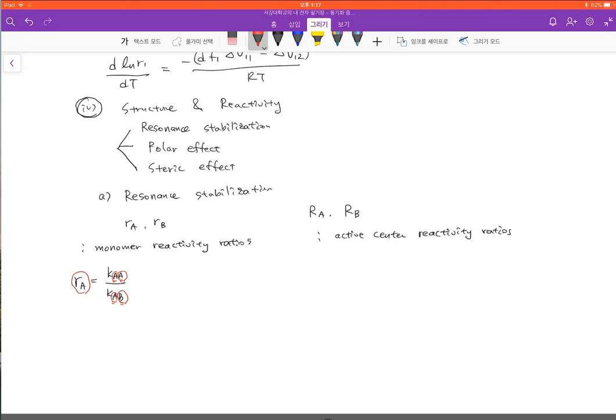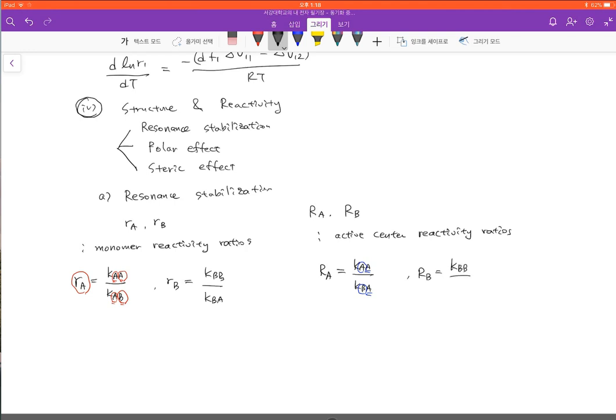So for A radical, the relative reactivity of A monomer over B is defined as ra. Similarly, small rb is defined as KBB over KBA. And the active center reactivity, the free radical reactivity RA, can be defined as KAA over KBA.